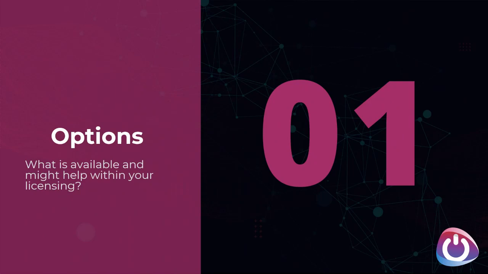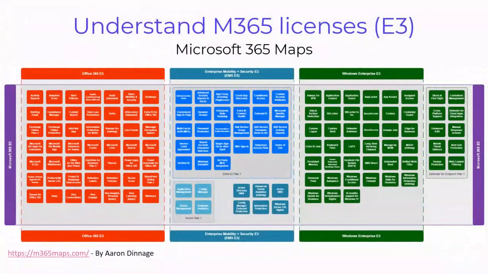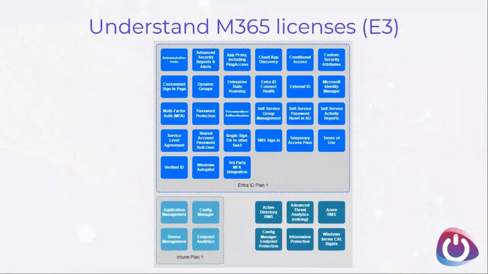Let's quickly cover some of the initial licensing. Today's focus is streamlining the identity and access element, so we're going to be delving into the EM&S side of things, the Enterprise Mobility and Security Suite. As you can see, Microsoft has renamed it, so it's now Entra ID.